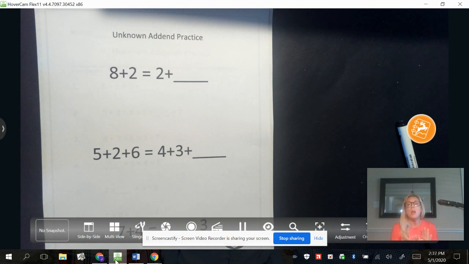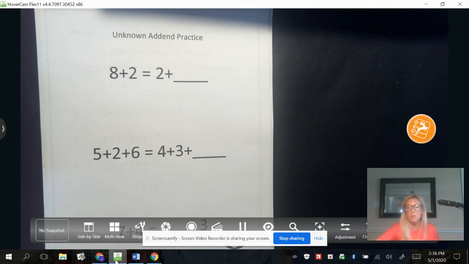But before you get started on your work, I really want you to pause the video and take a few minutes to gather some items that you can use for counting, because that is just really going to be an essential part of conquering this skill.